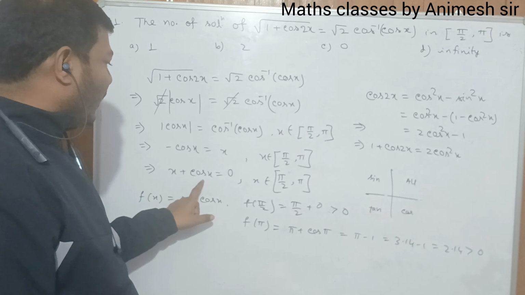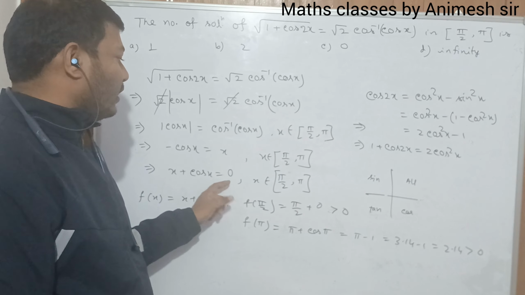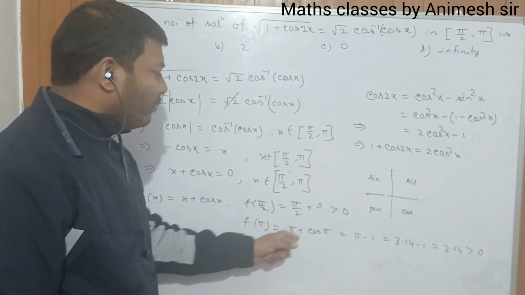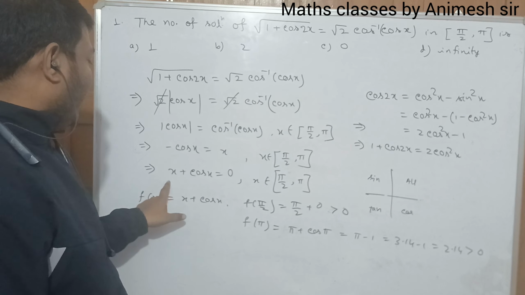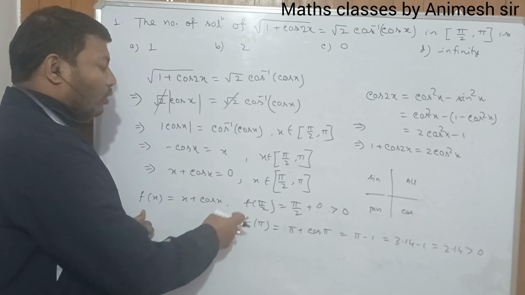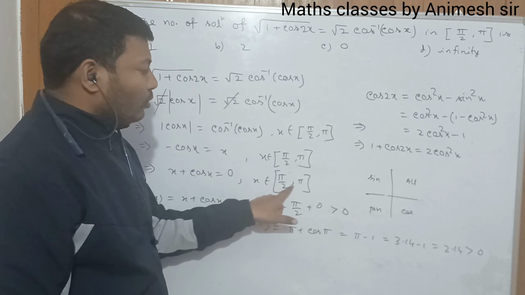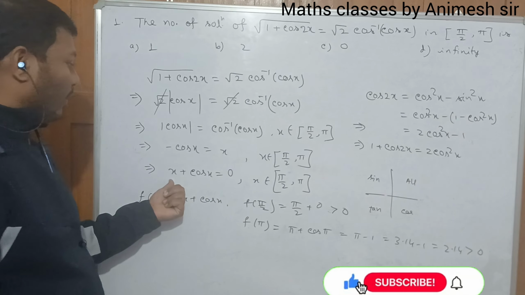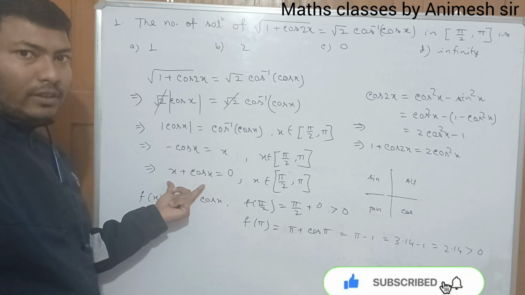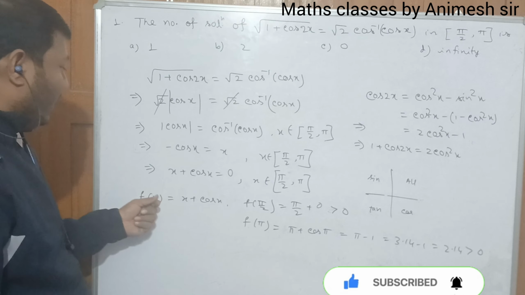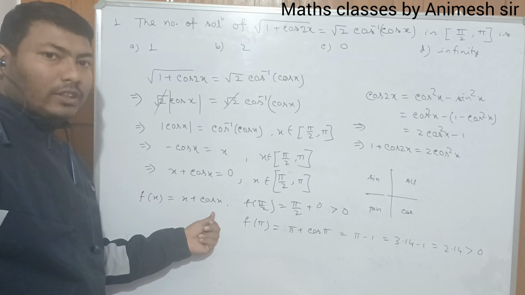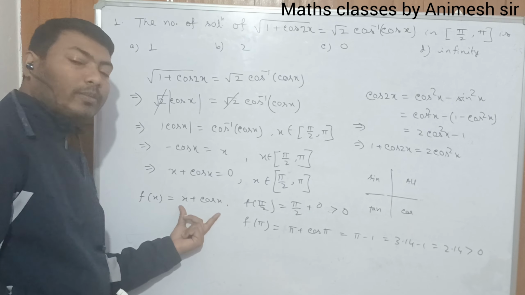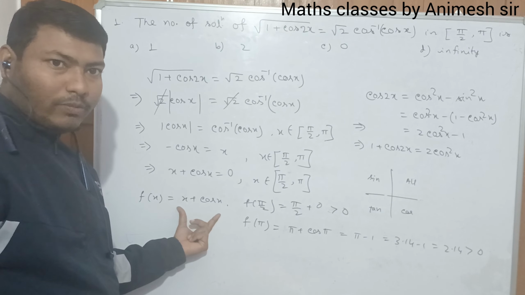So x plus cos x equals 0 will have no solution in this interval, because f of x will not be 0 at either pi by 2 or pi, and f of x is a continuous function. Why? x is continuous, cos x is also continuous in the interval, so x plus cos x is also a continuous function.